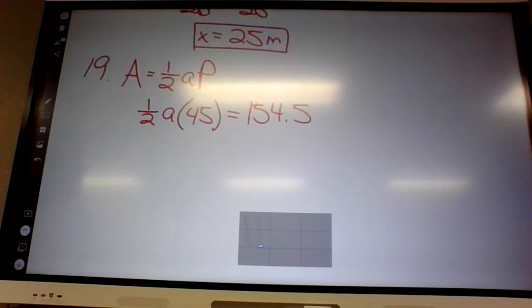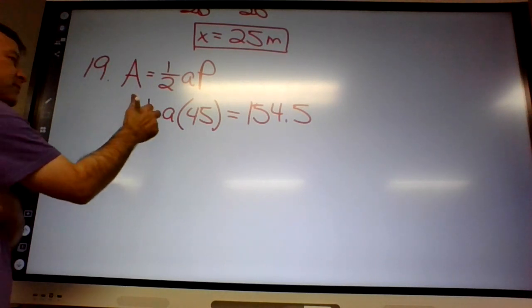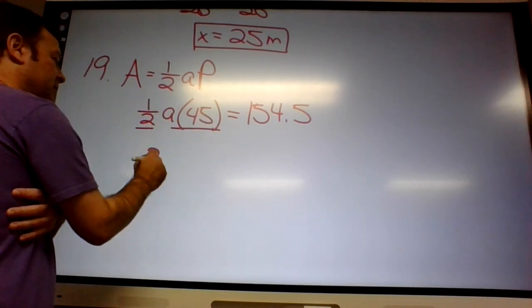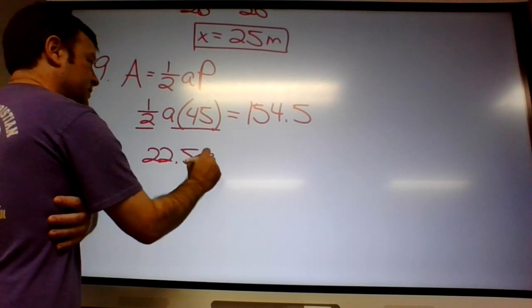All right. Reagan, what do you think? How do we solve this for A? 1/2 times 45 would be like 22.5.